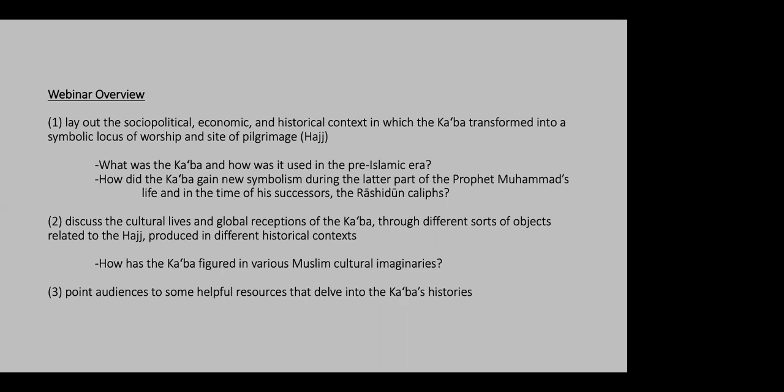Secondly, I want to discuss the cultural lives and global receptions of the Kaaba through different sorts of objects related to the Hajj, produced in different historical contexts. And finally, I will point audiences and all of you here on the call to some helpful resources that delve into the Kaaba's very complex histories. And I'll provide a bibliography that will later be attached to this talk in a few days' time.